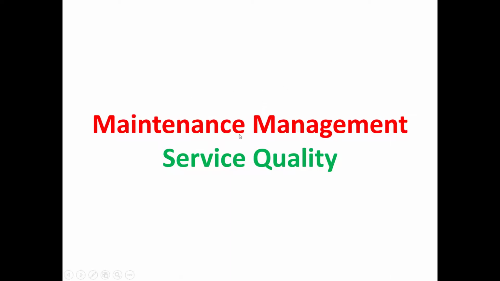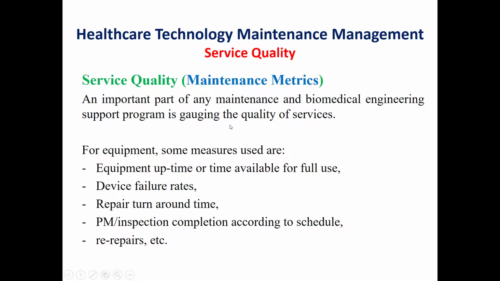Now we'll move to the third point in the maintenance management, which is the service quality. Another name for the service quality is the maintenance metrics. An important part of any maintenance and biomedical engineering support program is gauging the quality of the services.